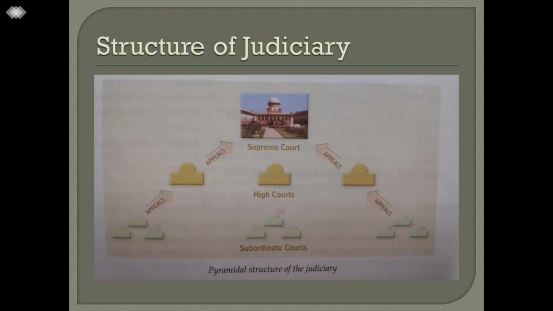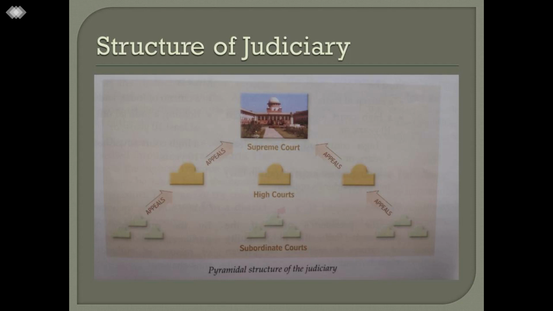The Supreme Court, which is the highest court in the country, is at the top of the pyramid. Below the Supreme Court are the High Courts. The High Court is the highest court at the state level. Some states and union territories share a common High Court. Below the High Courts, there are subordinate courts.